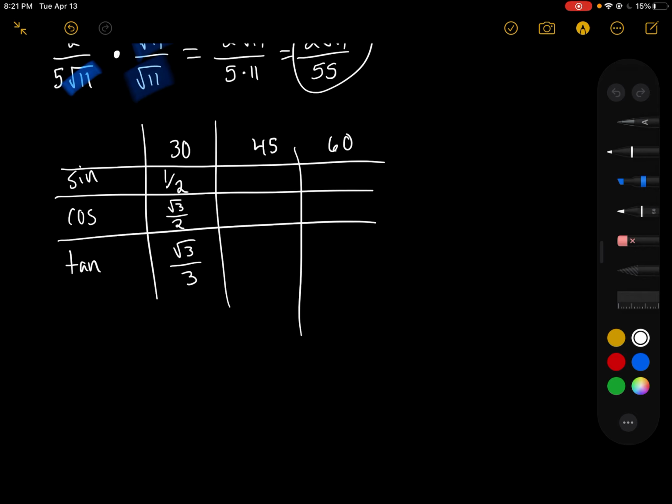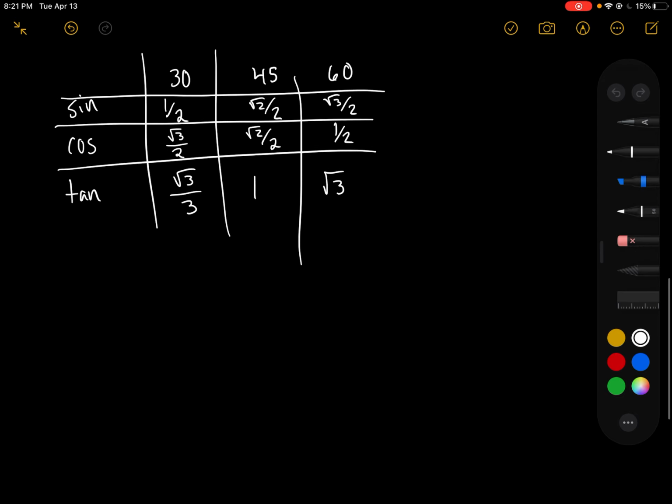You can always redraw the triangles if you're not sure, but just a quick recap of what these values should be in your notes currently. So that'll be good enough to get us started here with some of the following operations.